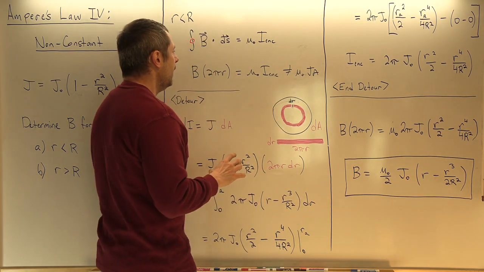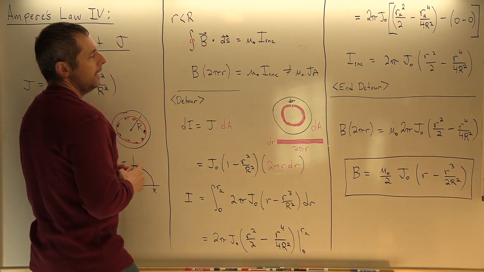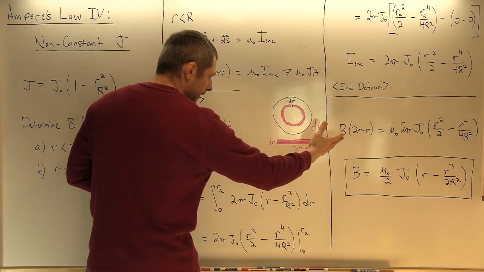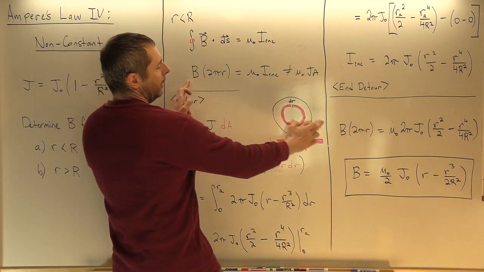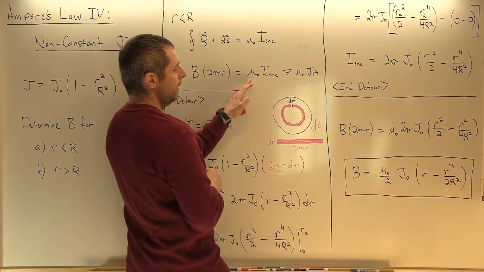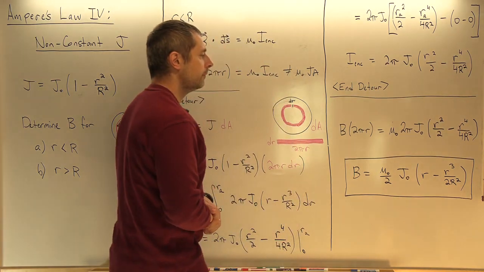So now that I have I enclosed, I could end my detour and come back to here and plug in that I enclosed so I could solve for B, which is what I've done here. So I've got my B 2 pi r over here, and then the mu 0 right there, and then the I enclosed, all of this after there.